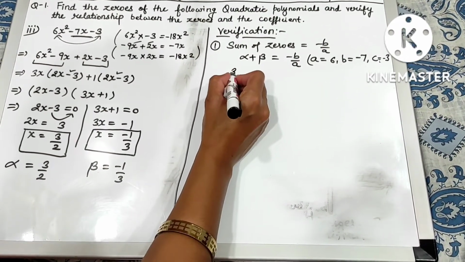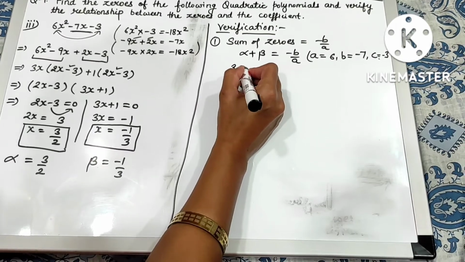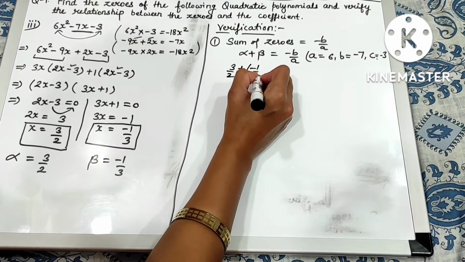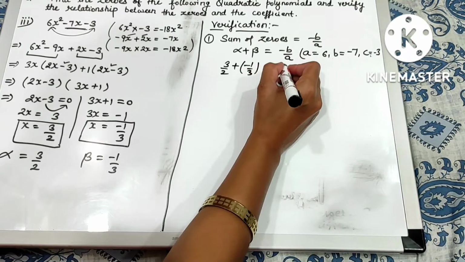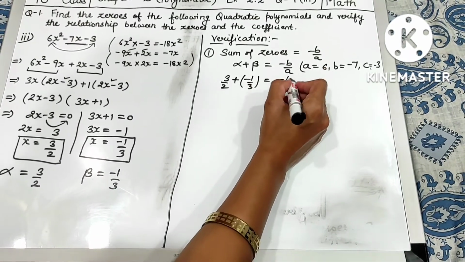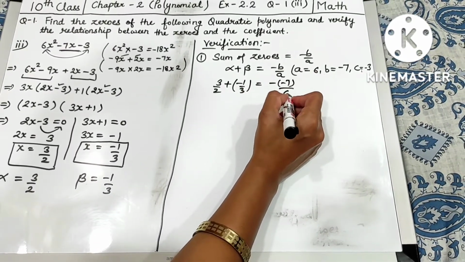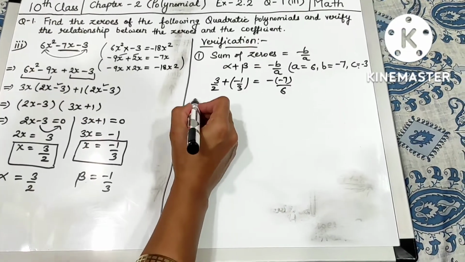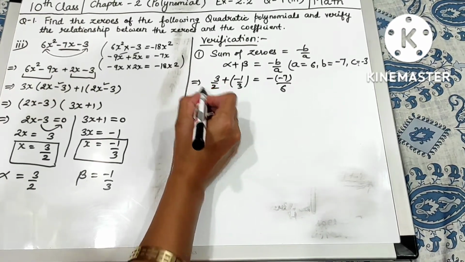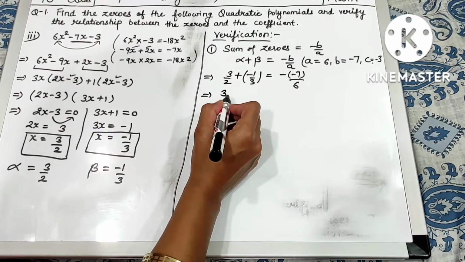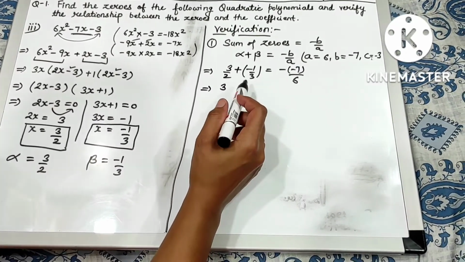Alpha is 3 by 2, beta is minus 1 by 3 is equal to minus b, b is minus 7, a is 6. Student, now we will solve the bracket first, because according to the BODMAS rule we have to solve the bracket first.